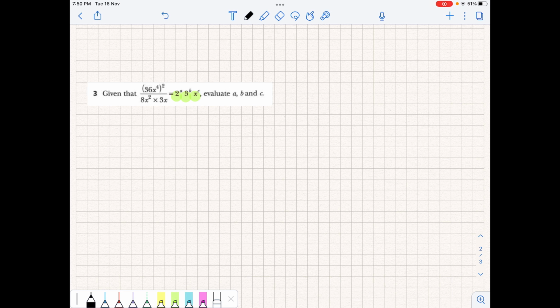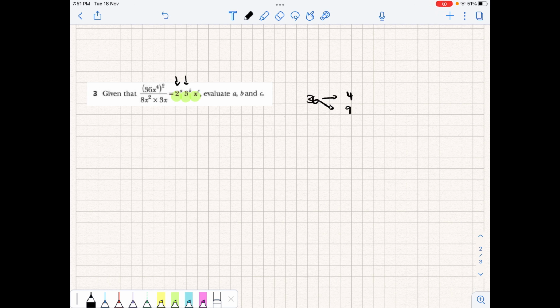We have the number 36, so we need to break the number up into its prime factors. We know they're prime factors because they tell us what the two bases are. They're kind of hinting at what the bases should be. So 36 can be broken into 4 and 9.